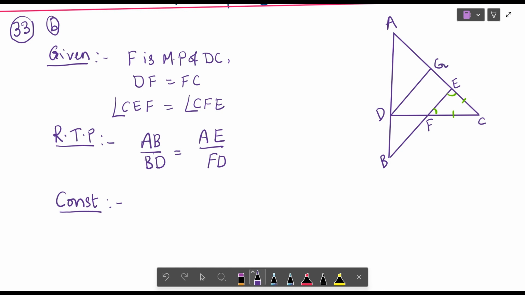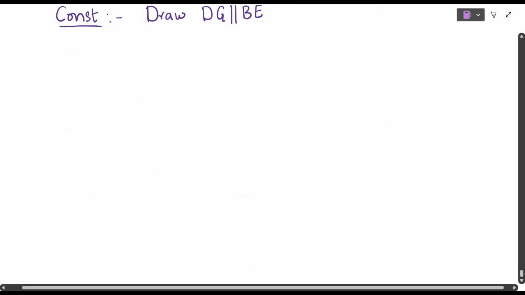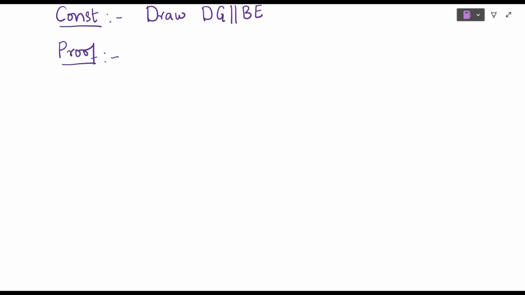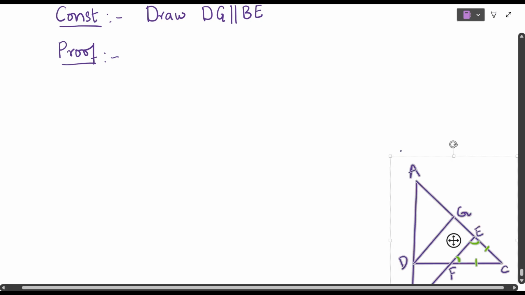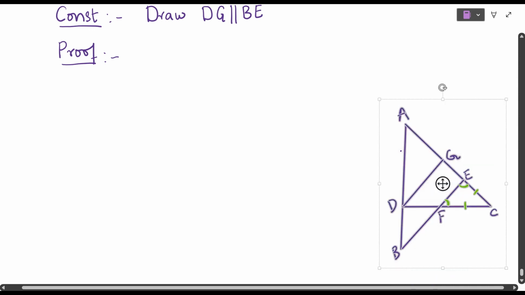What we are going to do, we have to write here: draw DG parallel to BE. Understood? So while writing the proof, if you study the diagram carefully, I'm going to place the diagram here to better understand. Okay, see, this is our diagram.